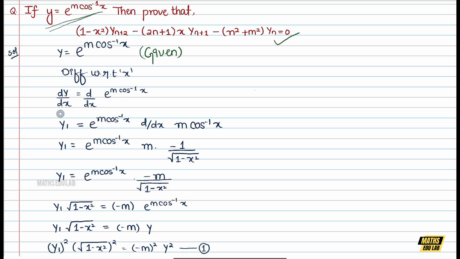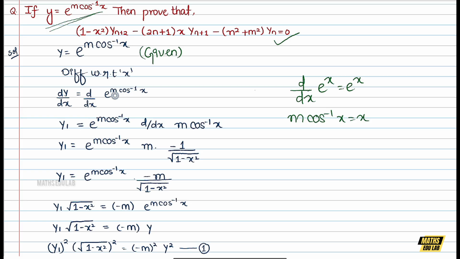So the derivative of y will be y1 is equals to the derivative of, so if you see here, the derivative of e to the power of x will be e to the power of x only. So the value m cos inverse x is considered as x. So e to the power of m cos inverse of x.